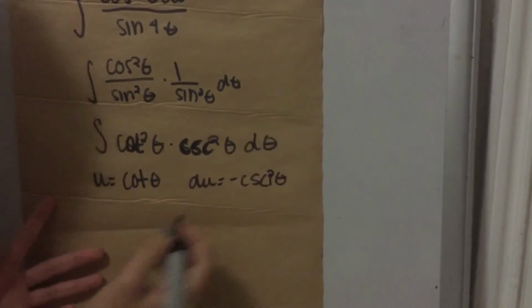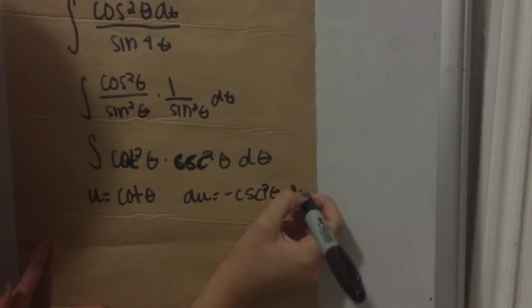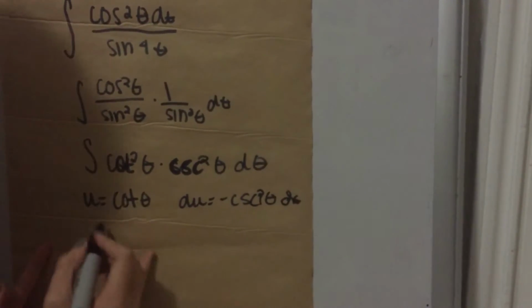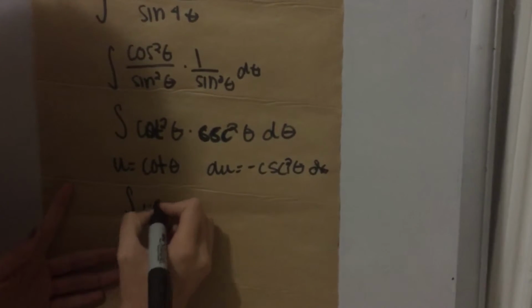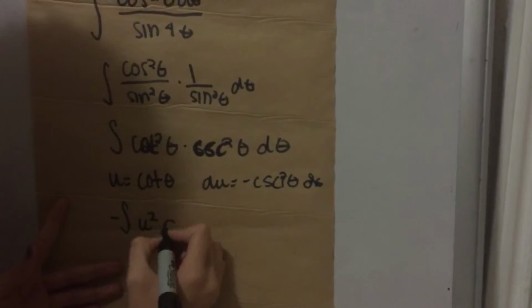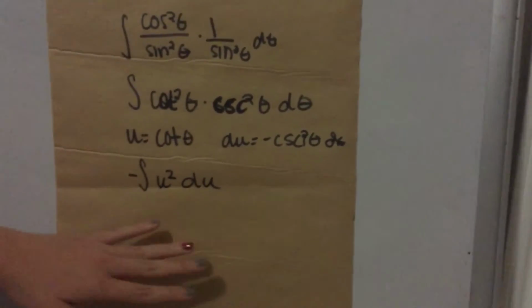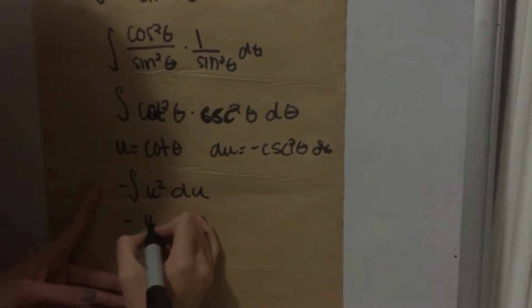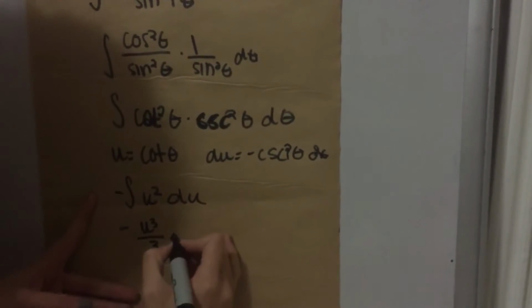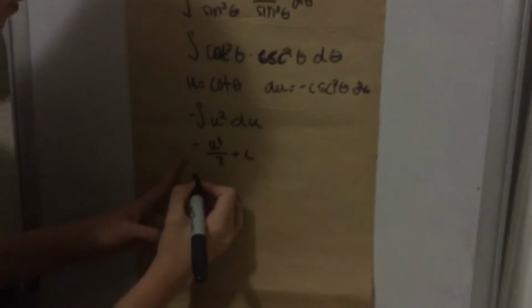Okay, so we draw this in and we have u squared, so negative du. And then we take this out and we have negative u cubed divided by 3 plus c.